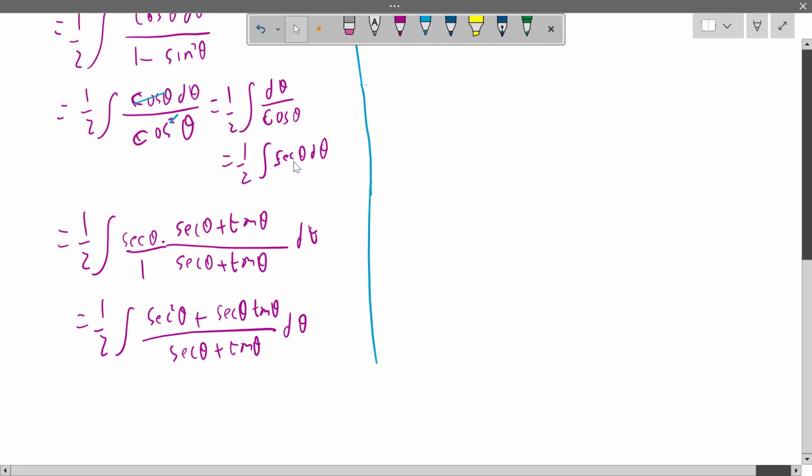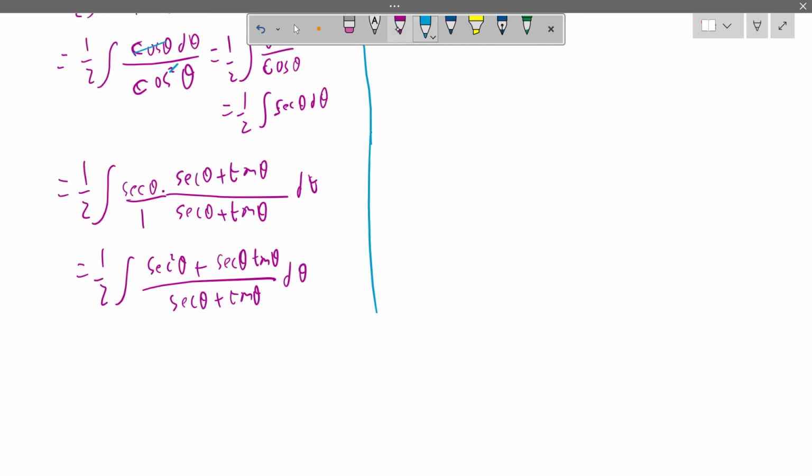All right, at this stage, you will have to suspect that there's something we can do here that is related to perhaps a substitution. So why don't we try to evaluate the derivative of secant theta and tangent theta?